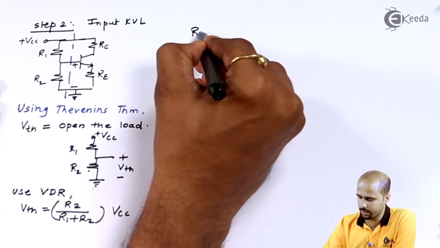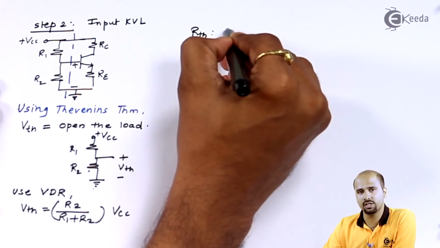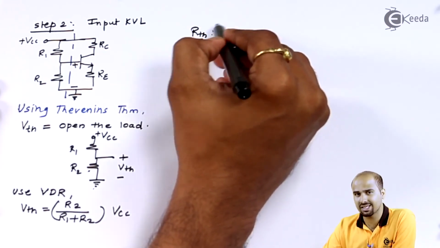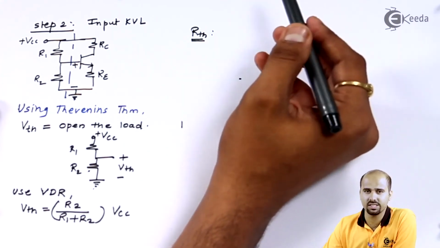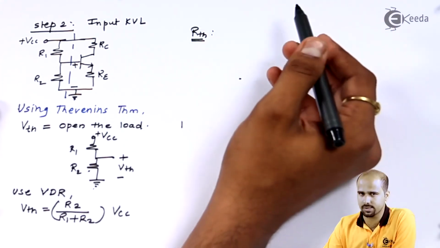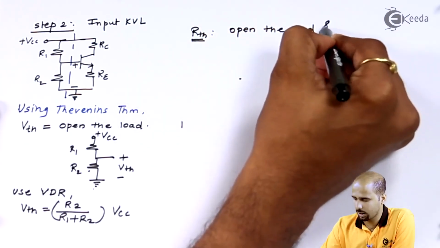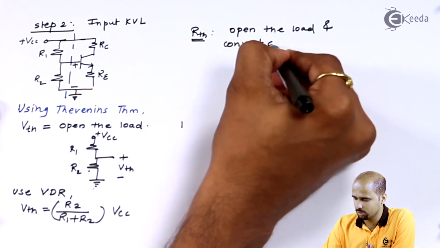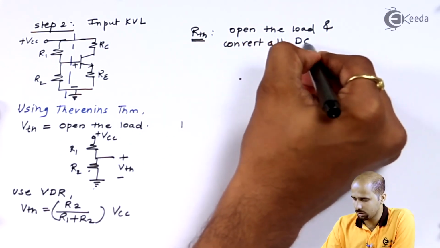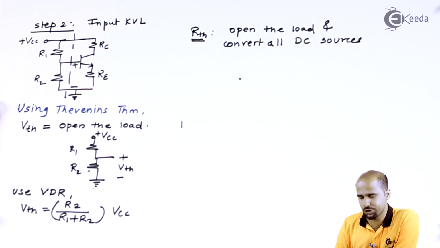So now I want to find out the RTH. How to find out the RTH? I will open the load and convert all the DC sources into their respective internal resistances. So open the load and convert all DC sources.